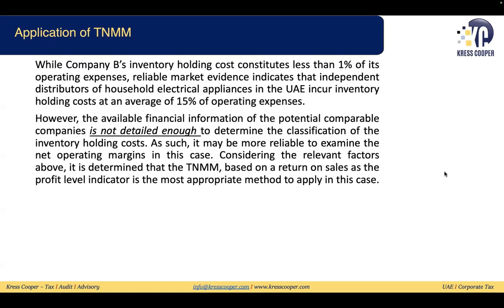Since the information is not sufficient, it is more reliable to examine the net profit margin in this case. Considering the relevant factors above, the transactional net margin method based upon return on sales is determined. This method considers total expenses, direct and indirect. If more information is not available, you can take the total expenses of the companies in the market and your own total expenses and compare at the entity level, if sufficient transaction-wise information is not available.